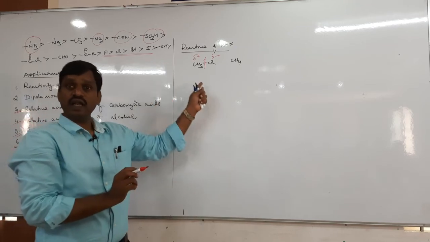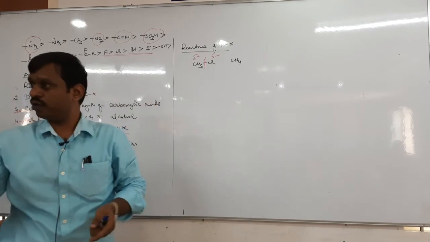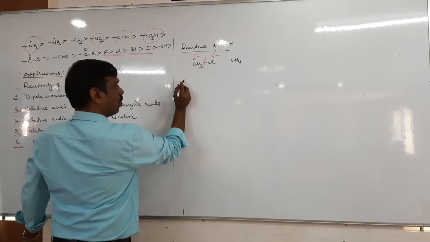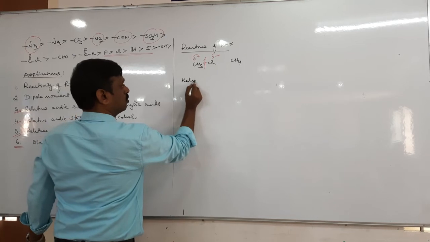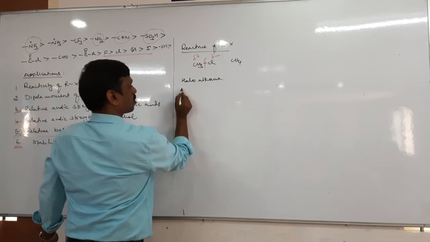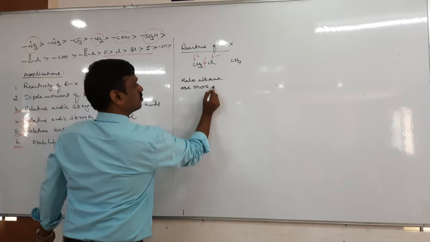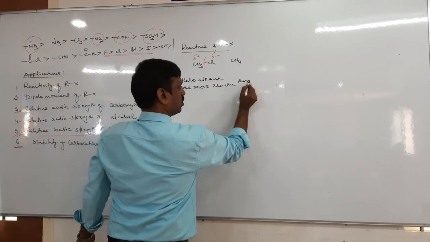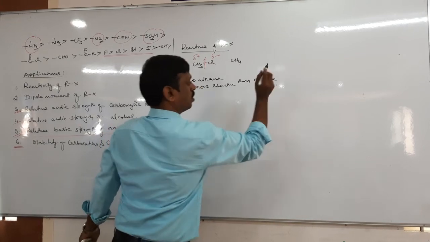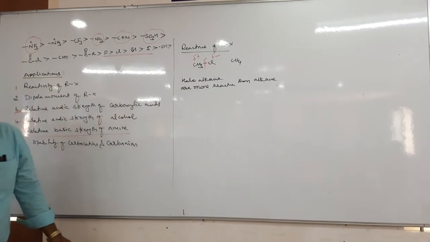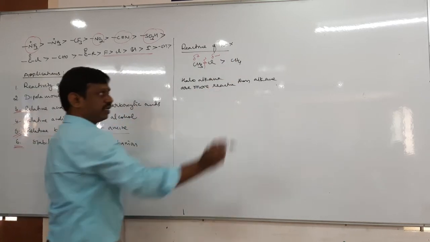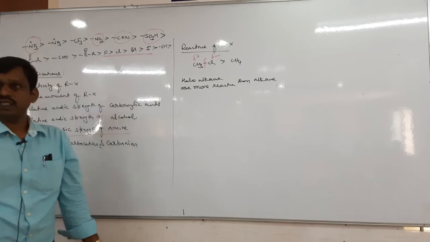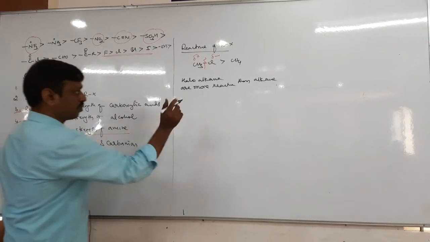Therefore alkyl halides or haloalkanes are more reactive compared to alkane, due to inductive effect. Example: methyl chloride and methane. You can take any corresponding haloalkane. It is more reactive.